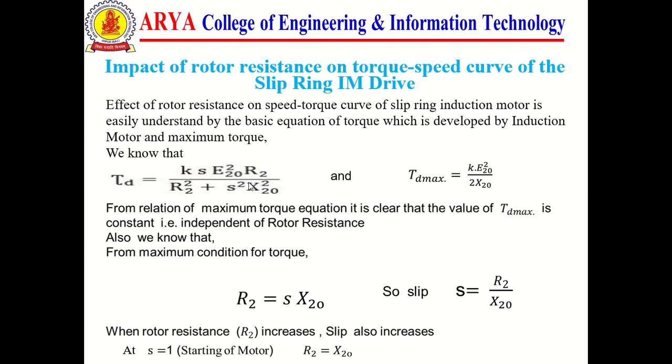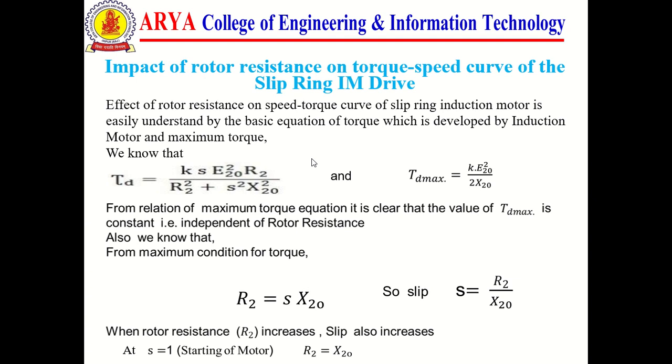From these equations we know that the torque developed by the induction motor is represented in terms of these parameters. These parameters govern the torque of electrical drives such as the slip ring induction motor. Here you can see that if we change the rotor resistance, there is a direct impact on torque.